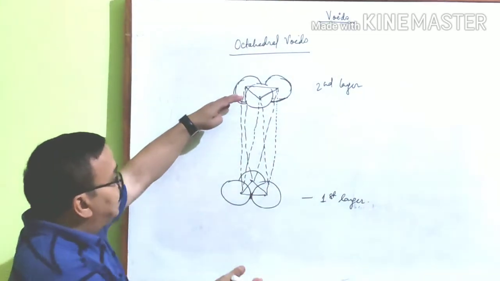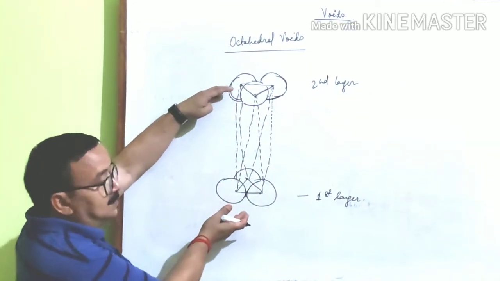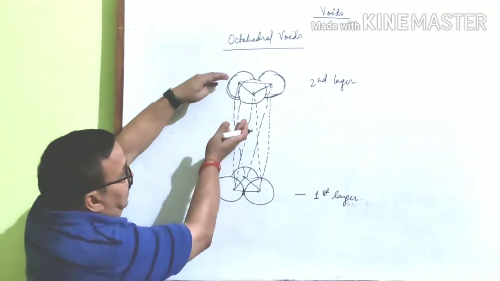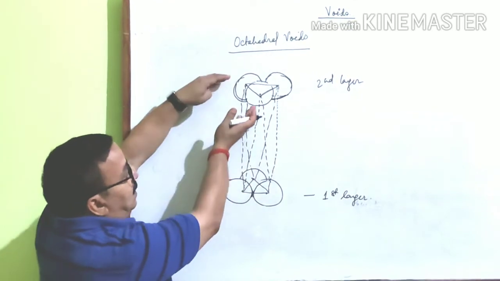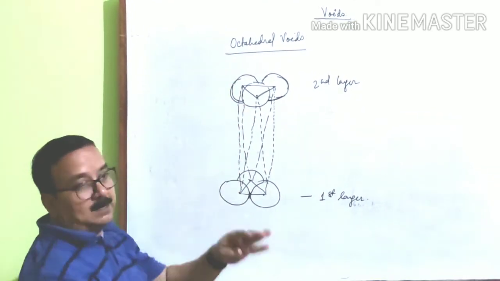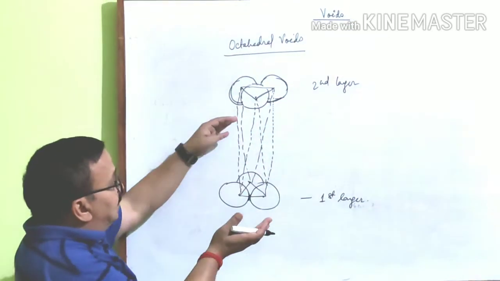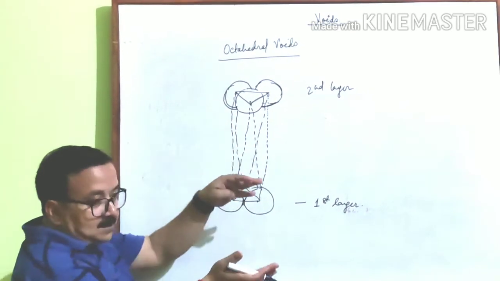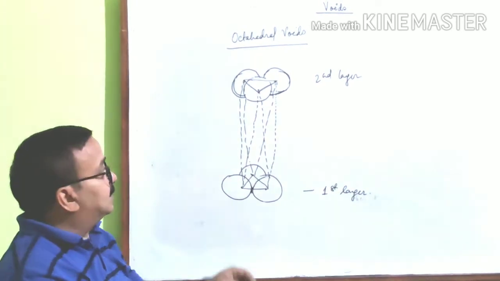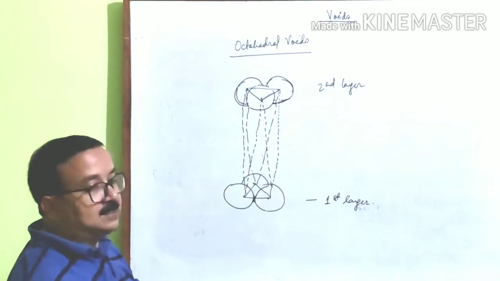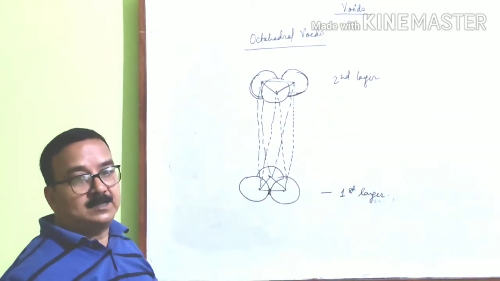Now, in between these three spheres and these three spheres, ये जो तीनों स्फीयर हैं वह एक लेयर में है और ये तीनों स्फीयर एक दूसरे लेयर में है. तो when these two layers come closer, then what happens? In between these 6 spheres, there is a vacant space.